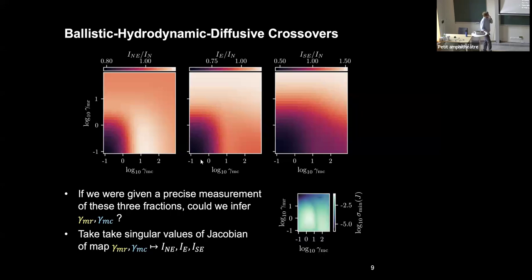And what we found, if we plot the lowest singular value of this Jacobian, is that in the crossover regime, you should have pretty good sensitivity to these two parameters, and it should be possible to solve the inverse problem. But it would be interesting to try with some real experimental data where there's noise to see what those error bars look like.